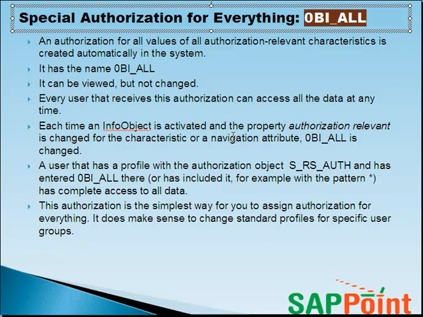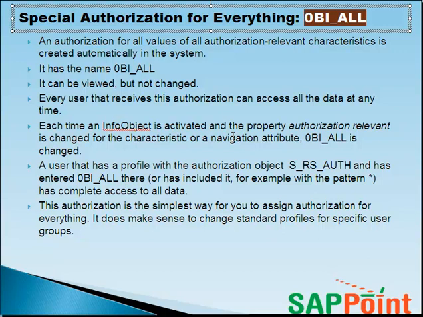So if you assign 0BI_ALL to users, that means they get access to all authorization-relevant characteristics. Let's say after assigning 0BI_ALL to a user, you make a new characteristic authorization relevant. The system will automatically give access to that new characteristic also.